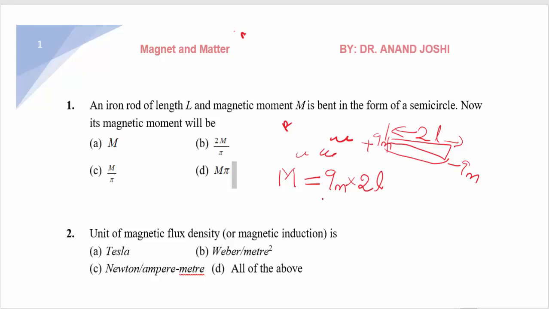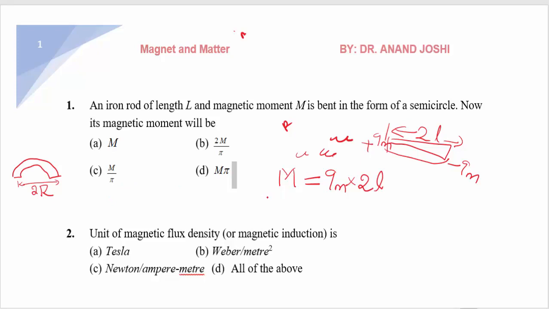So here, given that the rod is bent in the form of a semicircle, I am drawing the diagram here, the rod is bent in the form of a semicircle. Now the distance from one end to the other end of the semicircle is 2r.